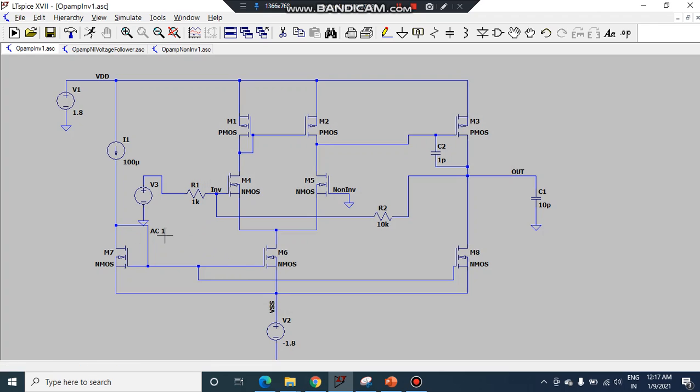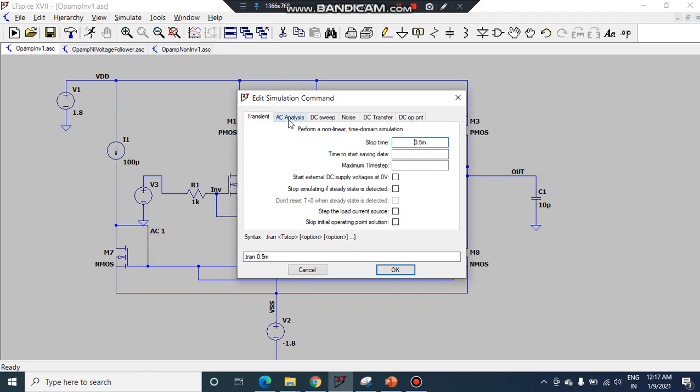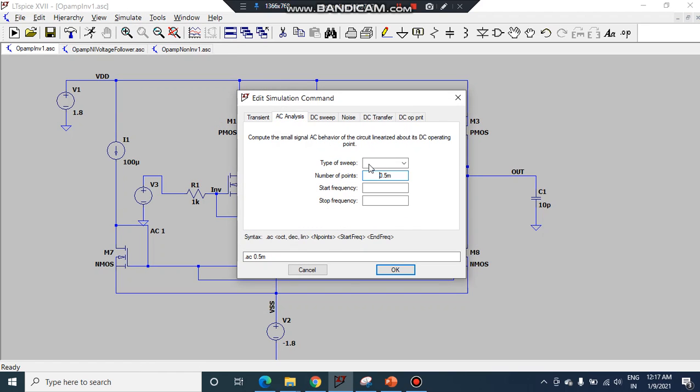So you will see AC1 here. Now I go to simulate, edit simulation command. I go to AC analysis now. Type of sweep, we need decade. Number of points, I choose to be 100.